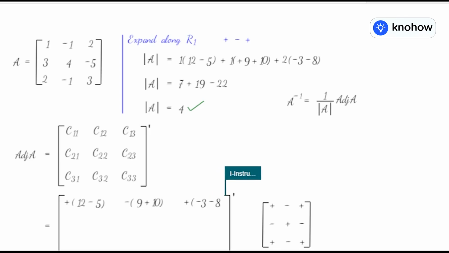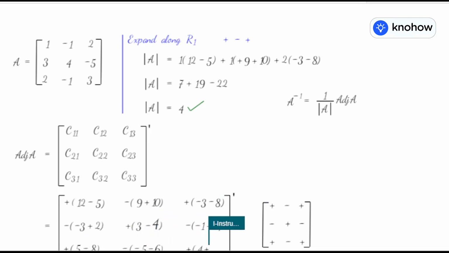Similarly, you work out for the second and third rows. For the second row, you will get negative times negative 3 plus 2, plus times 3 minus 4, and minus times minus 1 plus 2. Likewise, for the third row, it is plus times 5 minus 8, minus times minus 5 minus 6, plus times 4 plus 3.